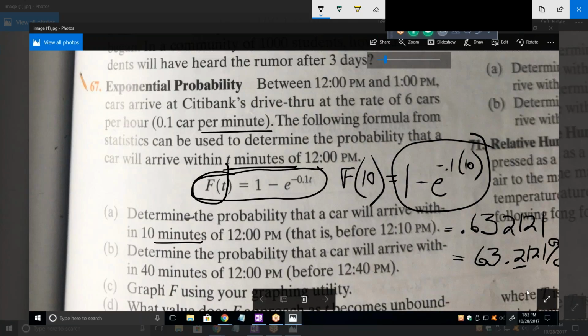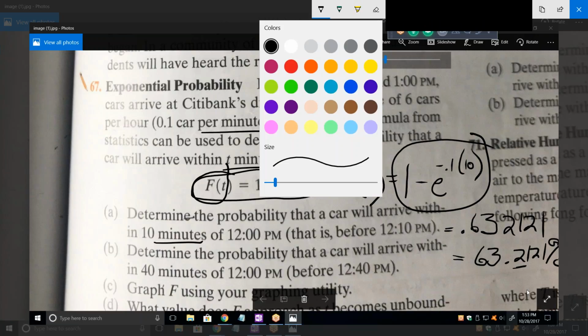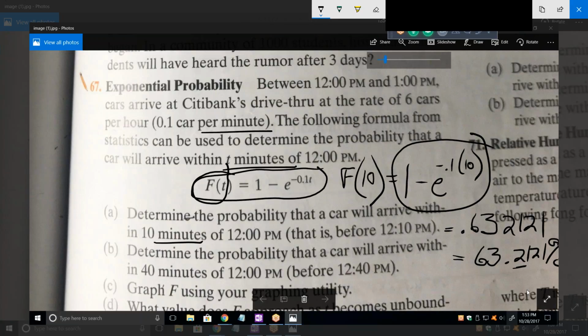In other words, if everything was linear, we'd get a car every 10 minutes, right? Well, they're saying, what's the probability of a car arriving in the first 10 minutes? And we're getting 63%. Well, that's not 100%, but it's still more than half. So that's in the ballpark. That makes sense.